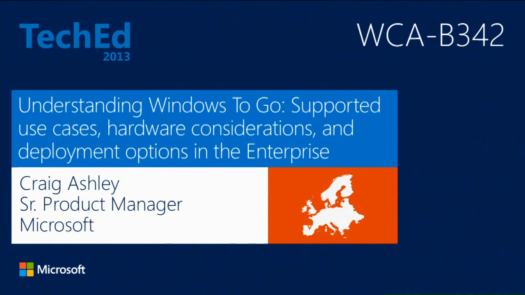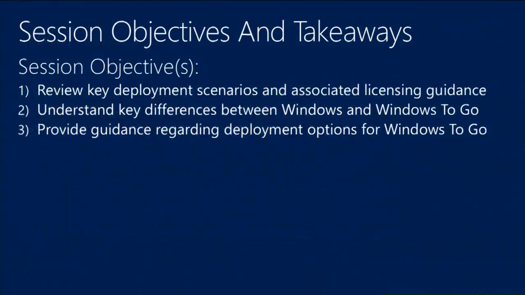So let's go through a couple objectives here, some of the things that we want to talk about as we get through the presentation. Really, there's three key takeaways that I hope we have as we get away from here. The first one is we want to really go a little bit deeper into some of the scenarios and the deployment capabilities, what we would suggest how to deploy Windows to Go across some of these scenarios.